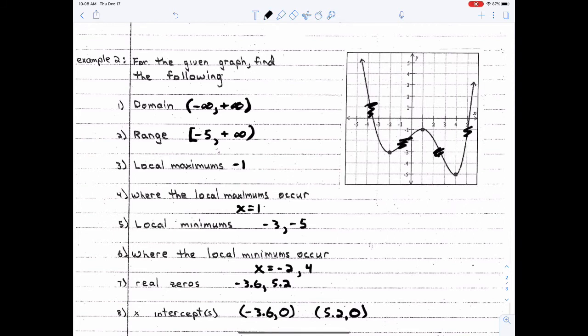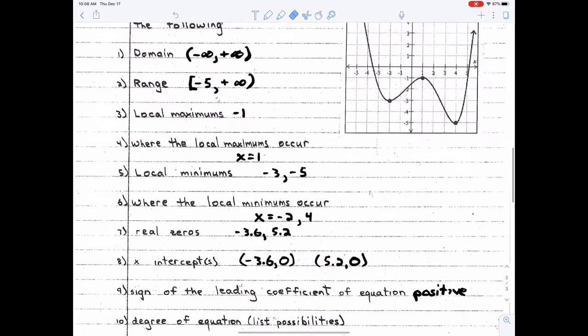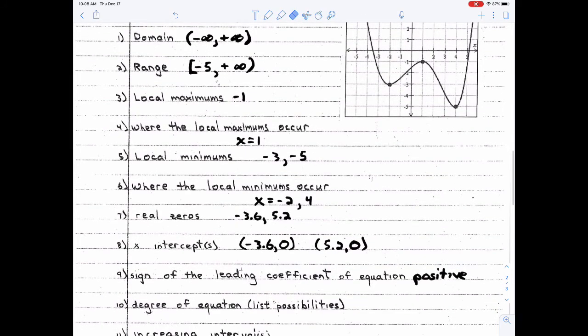So this is at least an x to the 4th. Remember, that's the minimum degree. So that's 4 or 6 or 8, et cetera.